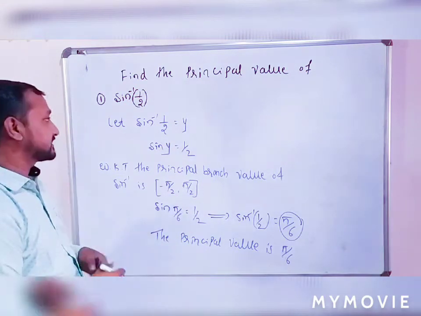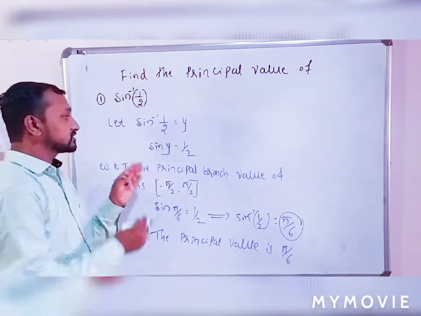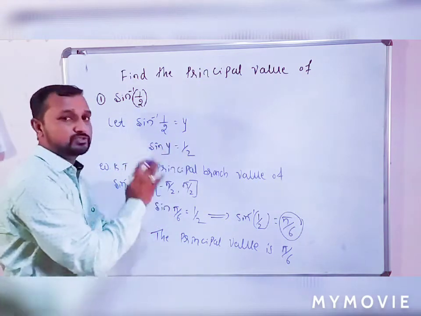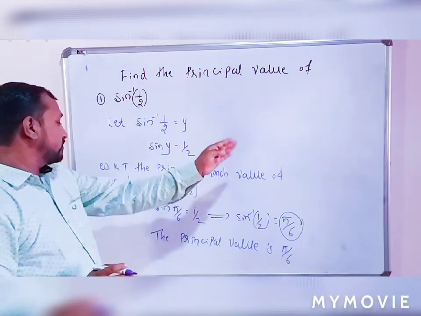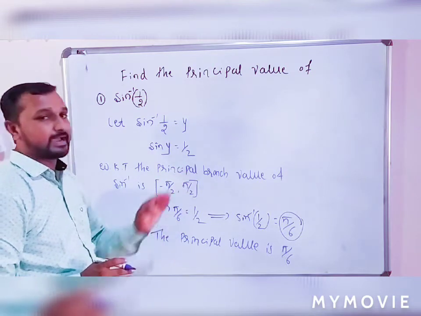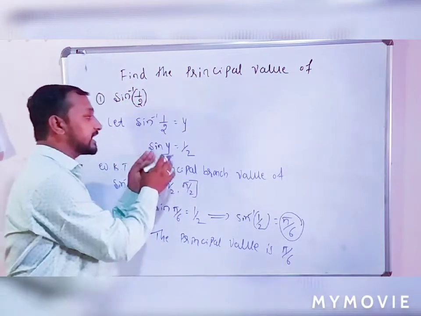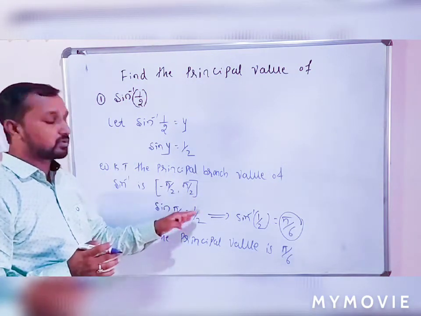Let me explain once again. Sine inverse of 1 by 2, let's take it equal to y. So sine y is equal to 1 by 2. We know that the principal branch value of the sine inverse function is minus pi by 2 to plus pi by 2. In which angle is the sine value 1 by 2? I can write sine pi by 6 equals 1 by 2.